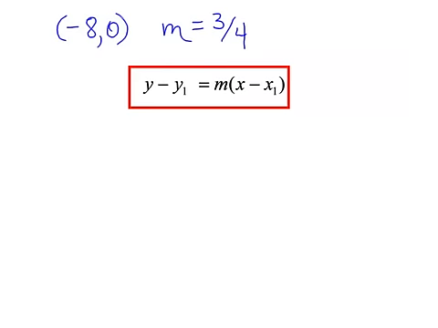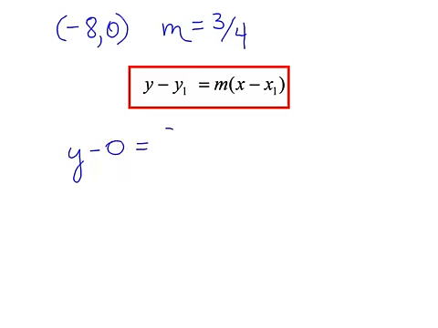We have a point and a slope, and we have our point slope formula, which is y minus y sub 1 equals slope times, in parentheses, x minus x sub 1. So it will be y minus, the y sub 1 is the y from your point, which in this case, it is 0.